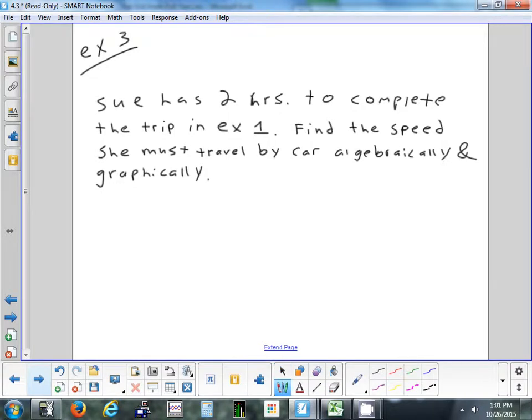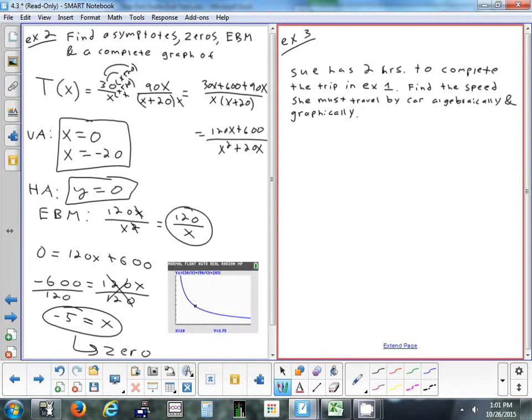All right, so next part, they want us to find out if she has 2 hours to complete her trip, what speed must she travel at in her car? So she has 2 hours to complete her trip. Would that get plugged in for x or for y? Shelby?